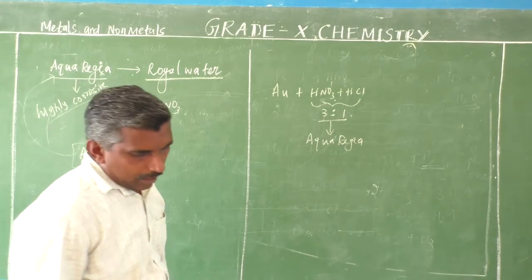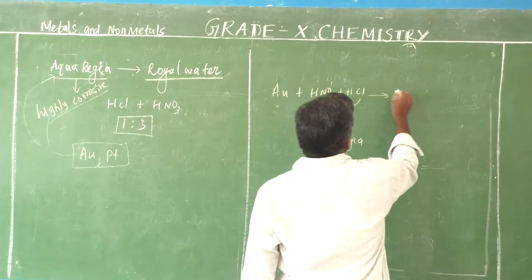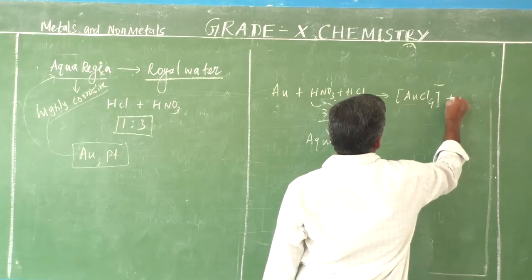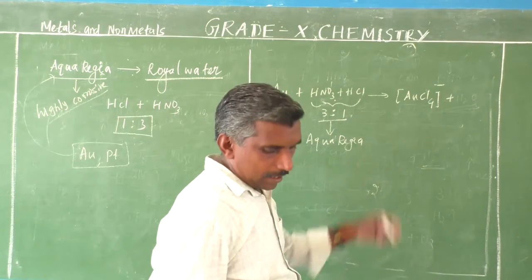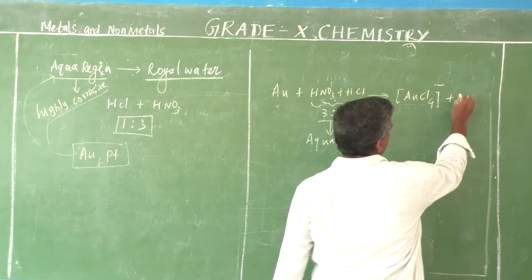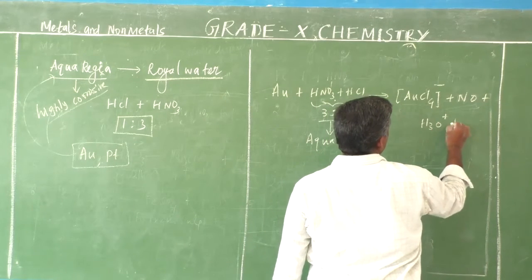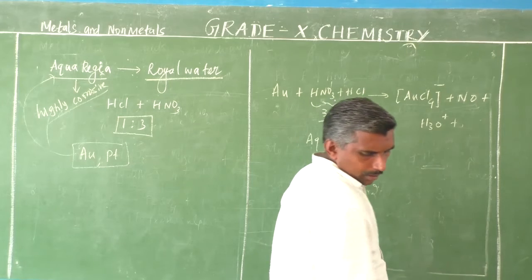The gold is dissolved to form auric chloride, with NO plus H3O plus H2O.